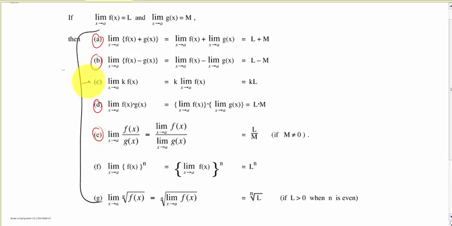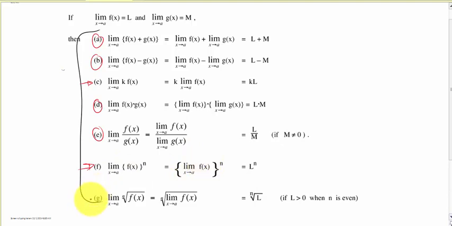And then rule C says if we're taking a constant times a function and taking the limit of that, we can just take the limit of the function and then multiply by the constant. Similarly, with exponents, if we're taking the limit of something cubed or squared, we can take the limit of the function, then square that value.